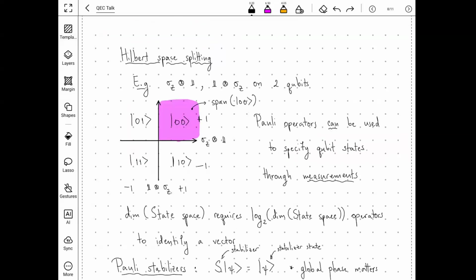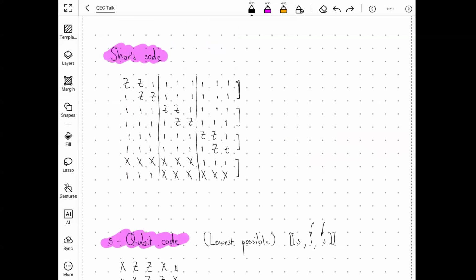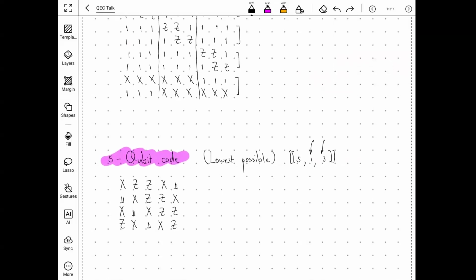It's kind of the most efficient way that you can make the error correcting code, because you don't want to get too long a code, but at the same time you want a code that is long enough for you to be able to fix all the errors. So 5 is that magic number here.